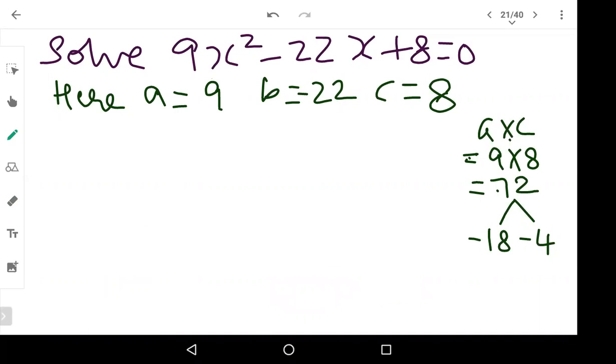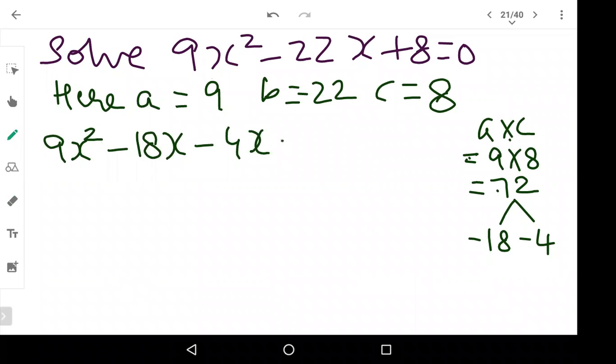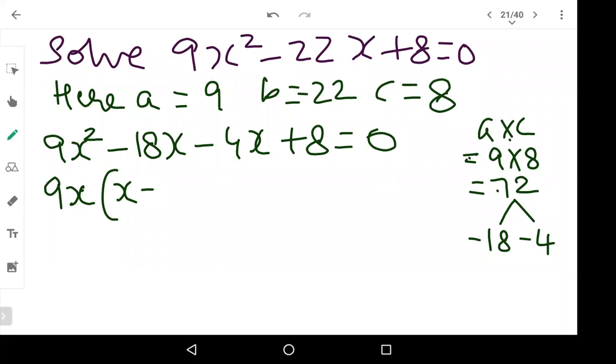You'll have 9x square minus 18x minus 4x plus 8 is equal to 0. Then 9x I can take as common. So I'll have x minus 2. 9 2s are 18, right?